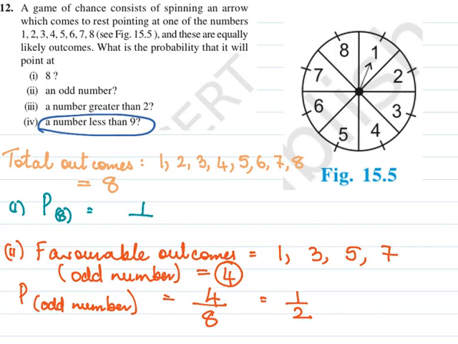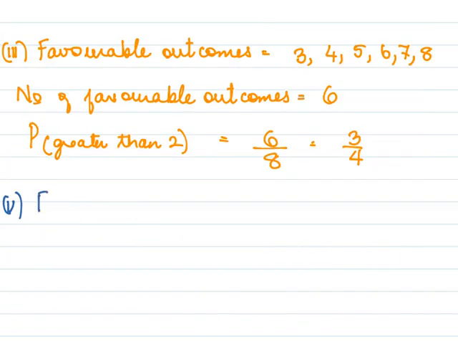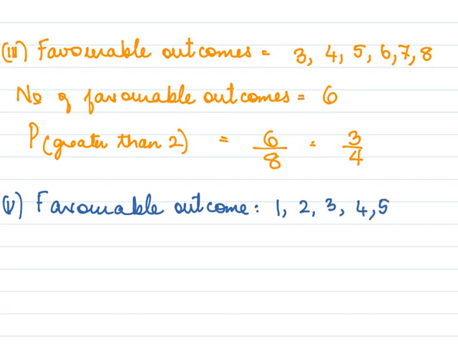The next is a number less than 9. Now if you look at the spinning wheel, all the numbers are less than 9. 1 is less than 9, 2 is less than 9, 3, 4, 5, 6, 7, 8. All are less than 9. So you don't even have to calculate the probability. You say the probability is 1 because all numbers are less than 9. So the favorable outcomes are 1, 2, 3, 4, 5, 6, 7, 8, and remember, it has to be less than 9.